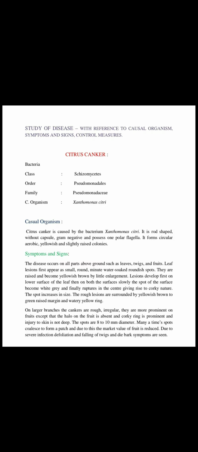Then the lesions form on both the upper as well as the lower surface of the leaf, and the spots increase in size. At the margin of the yellowish brown spot, there is a formation of a brownish ring, a yellow watery ring or a green ring.